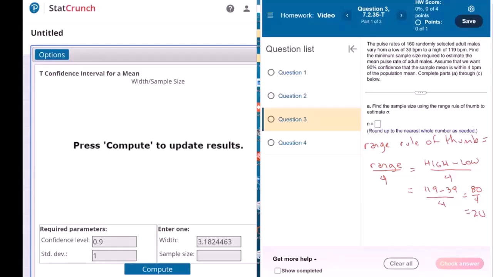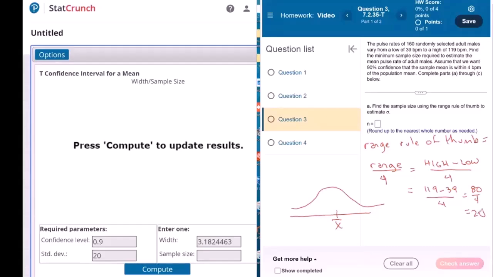The width: we want the sample mean to be within 4 beats per minute of the population mean. If I drew a picture, here's the sample mean, and now I have to find my width.